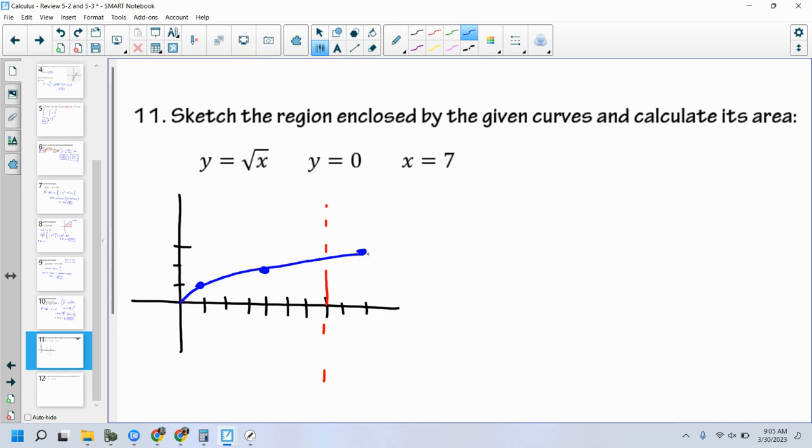So I know this is the area that I'm trying to find. That means that area is equivalent to the integral from 0 to 7 of the function square root of x dx. And that is not so bad to find.